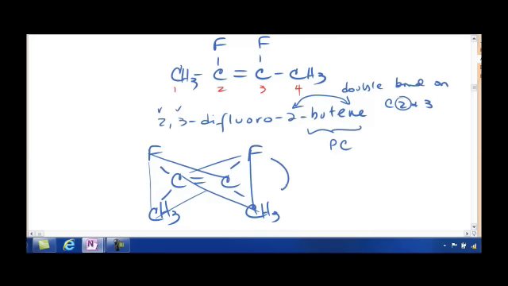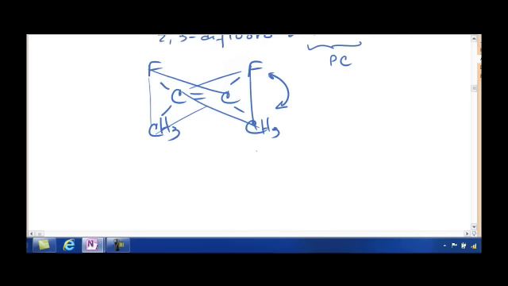Now if I flip these two, if I put the F down and the CH3 up, I'm going to leave this F on the top, right, left, and now I am going to have a CH3 up here and an F over here. What's my parent chain?